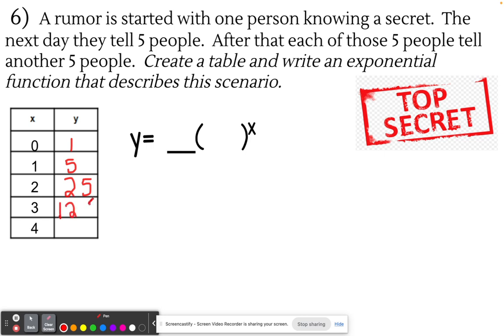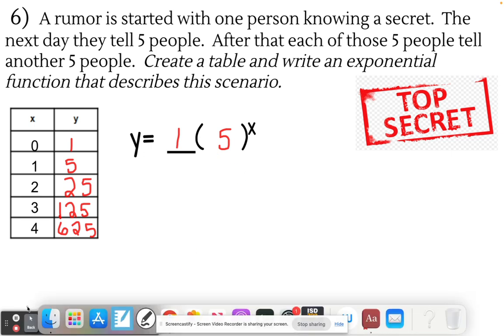This is growing very quickly. And then we have 625 people on day 4. That's the thing about telling secrets. So my starting point is 1 and increasing by a factor of 5 every day.